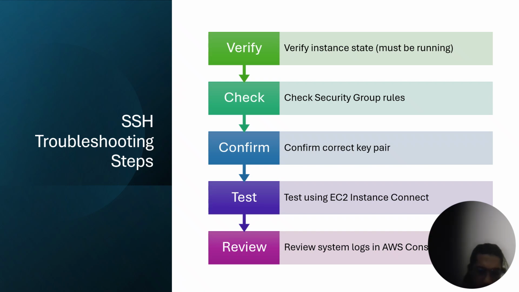Make sure port 22 is open for your IP. Confirm that you have used the correct key pair, and test using EC2 Instance Connect. Try EC2 Instance Connect, browser-based SSH from the AWS console. This can help you verify whether network access or the key is the issue or anything else.